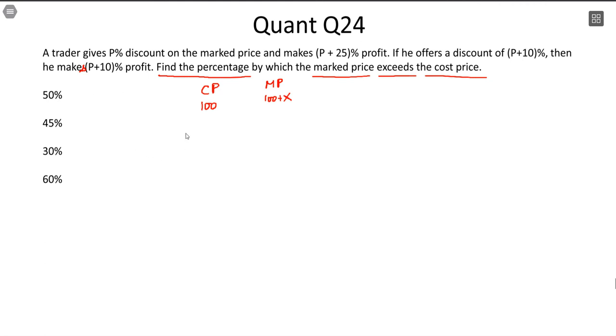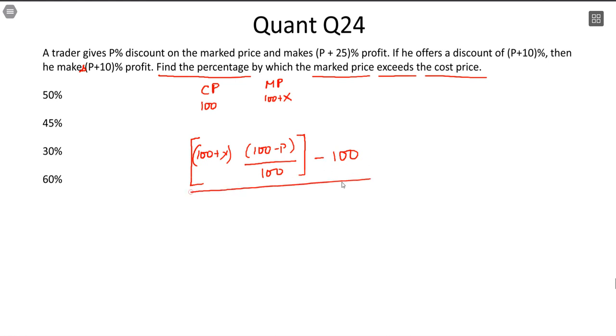Now the situations given to me are: market price, I have 100 plus X, gives P% discount. So 100 plus X into (100 minus P) by 100 after discount. This is the selling price now. Minus 100. This is the selling price minus 100.